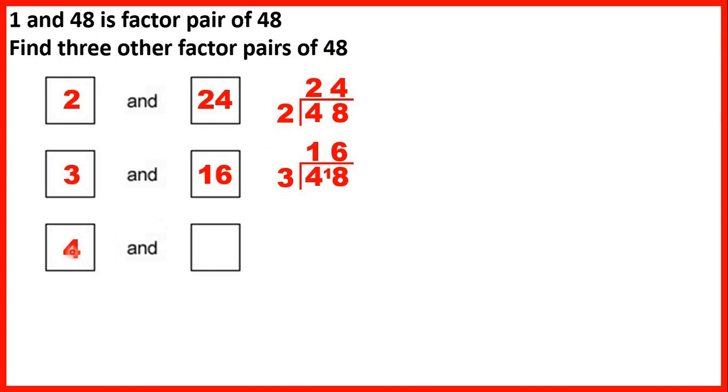We could also have 4 and 12, because 4 times 12 is 48. Or we could have 6 times 8, because 6 times 8 is 48. So we have 4 possible answers for this question. As well as 1 and 48, we can make 4 other factor pairs for that number.